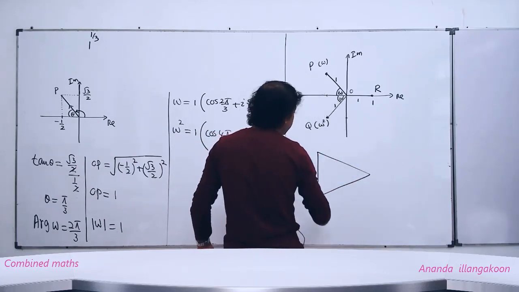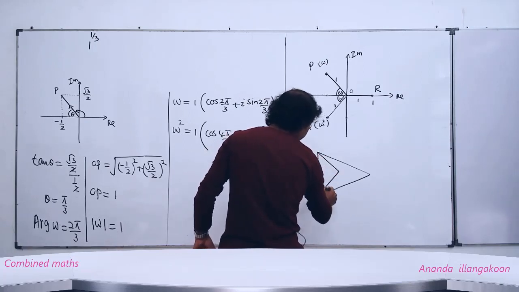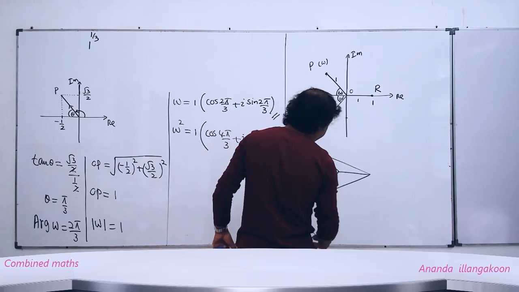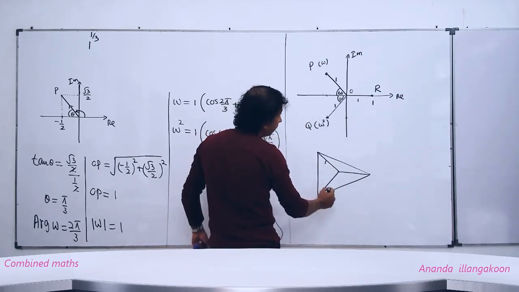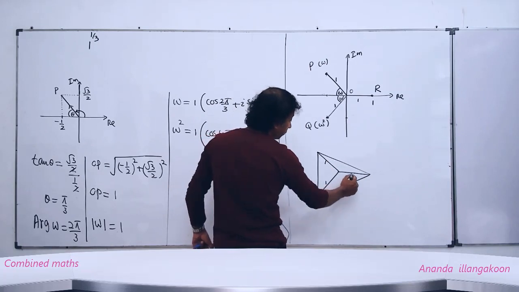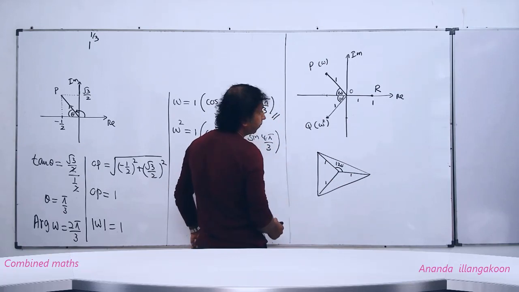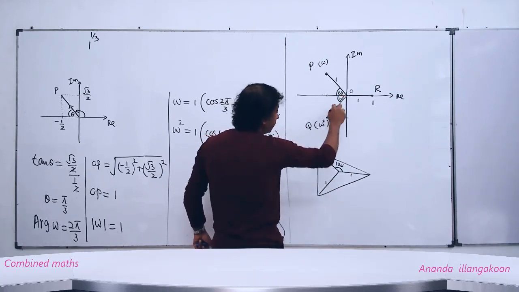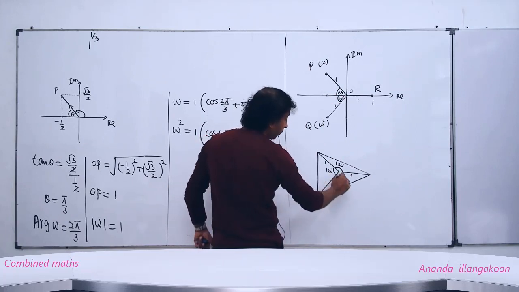Right? So then here we have a point. Then this length and this length are equal. This also the same. This is 120. Here, this is 120. Right? This is 120.